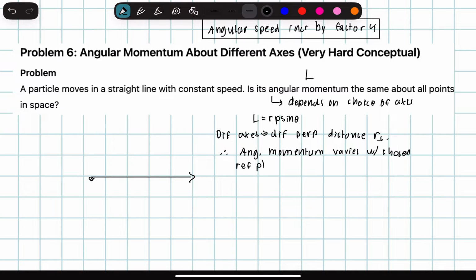It makes sense because if you're measuring something from a different perspective, it's going to have a different radius and a different angle, so it's going to be different. So that means the angular momentum is different about all points.